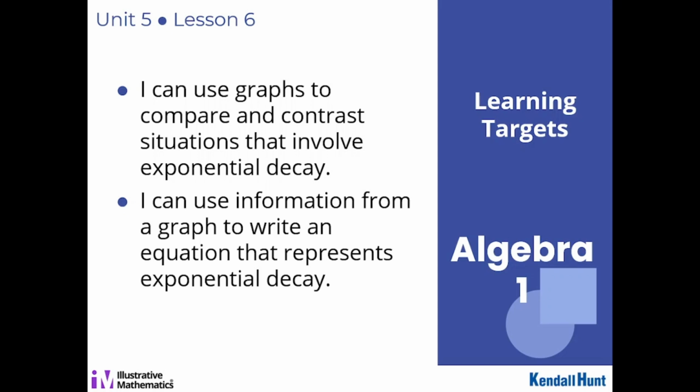Then you're going to multiply that by the growth factor, and you can find the growth factor by taking the second y value and dividing it by the first y value. And then you will raise that growth factor to the exponent of the input, or the x value.